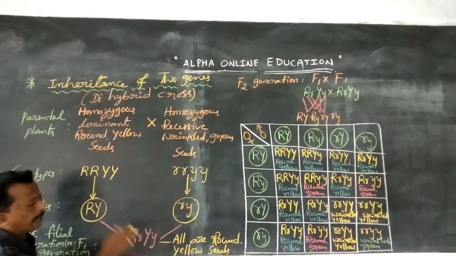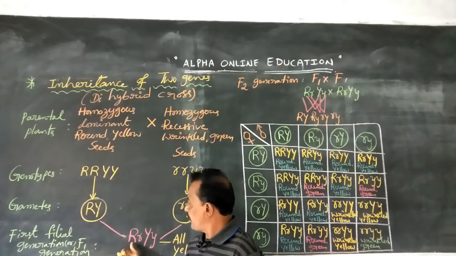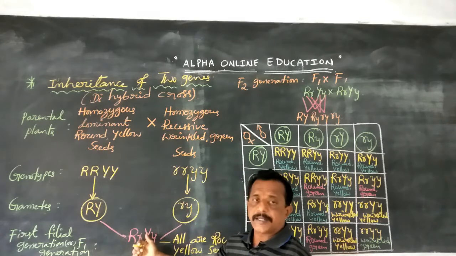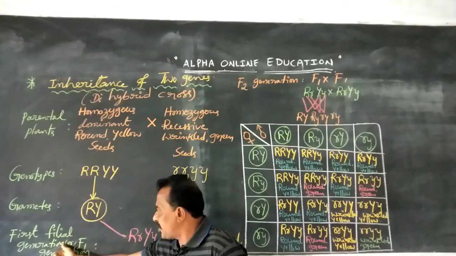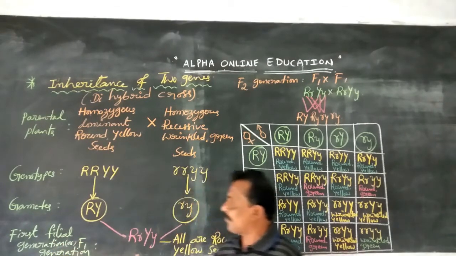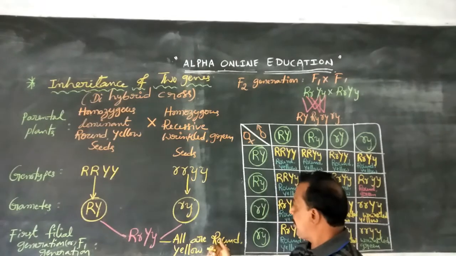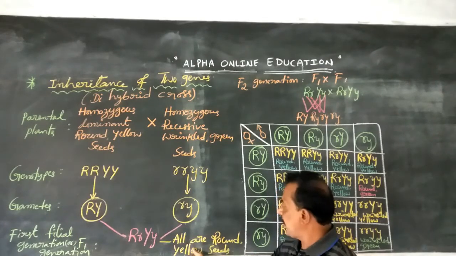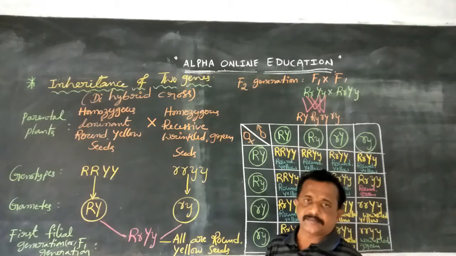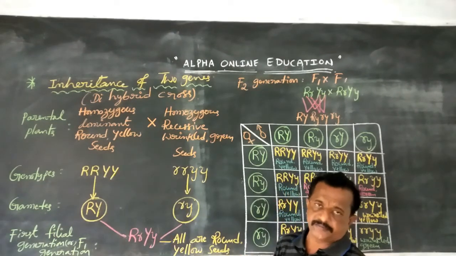Phenotypically, all plants of the F1 generation would be round yellow seeded plants. So this is the first filial generation.